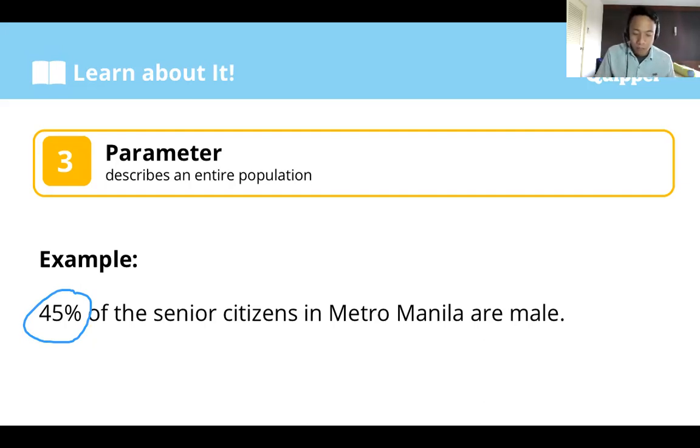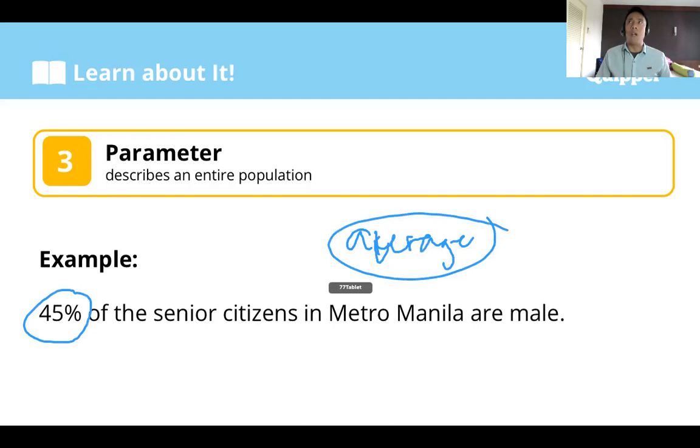We can also say the average number, okay? Or we can say, what ko ba siya explain in the easiest way? It only describes, okay, the population.